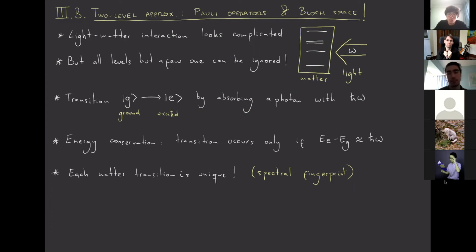So if they try to absorb this energy h bar omega, they cannot go anywhere. So this automatically means that we only need to care about the transition that matches the light's frequency.